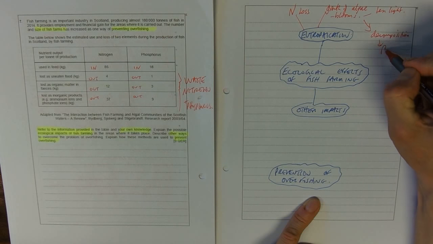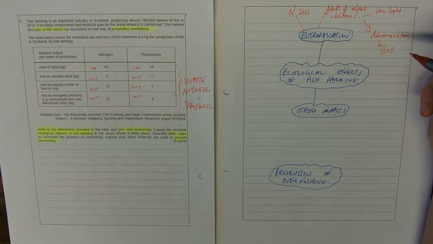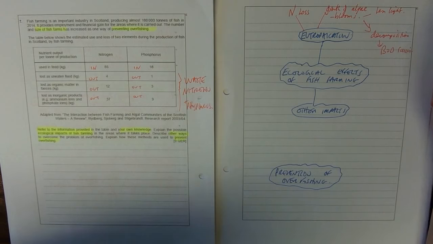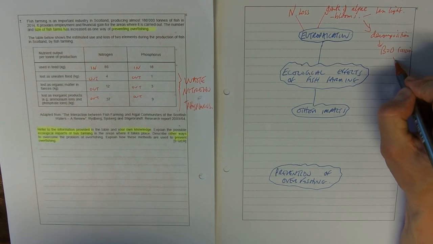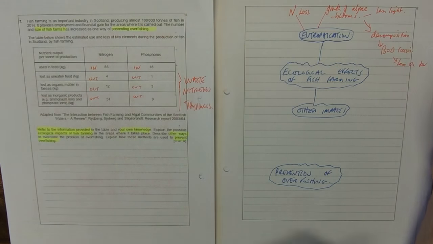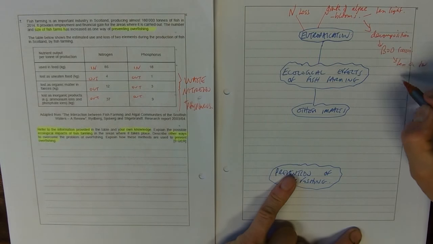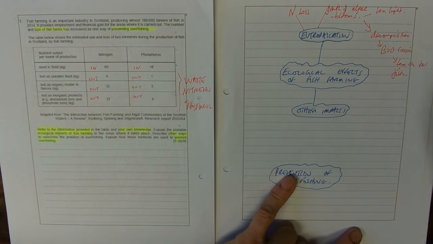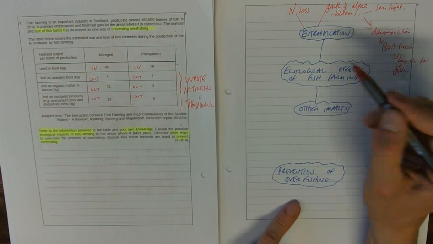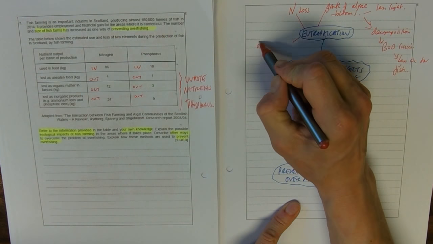That BOD, biological oxygen demand, raises, and then you get problems. Less oxygen, less O2 for, for example, fish. You might get denitrification.